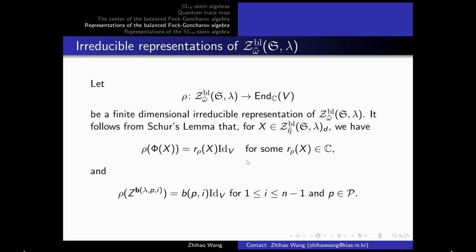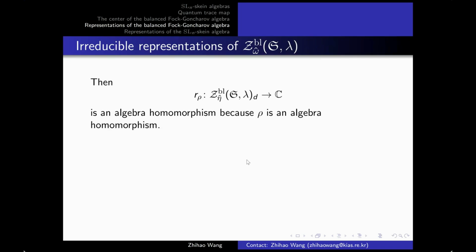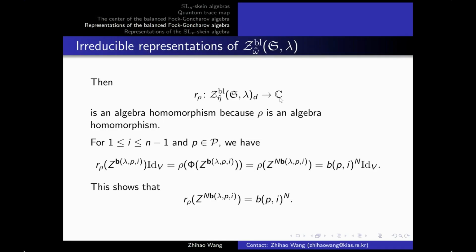Any questions with this? Okay. We can show that R rho is an algebra homomorphism because rho is an algebra homomorphism. R rho is just some algebra homomorphism from here to the complex field. For every integer i between 1 and n minus 1 and puncture p, we have this equation.